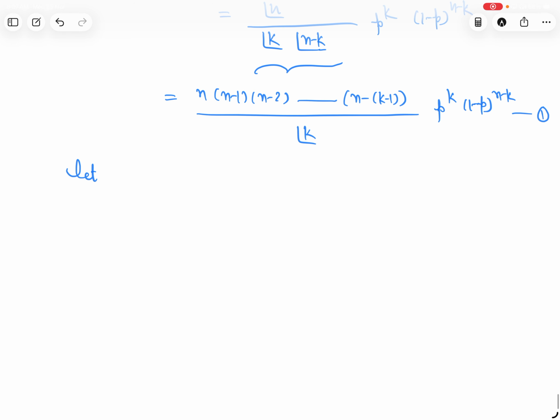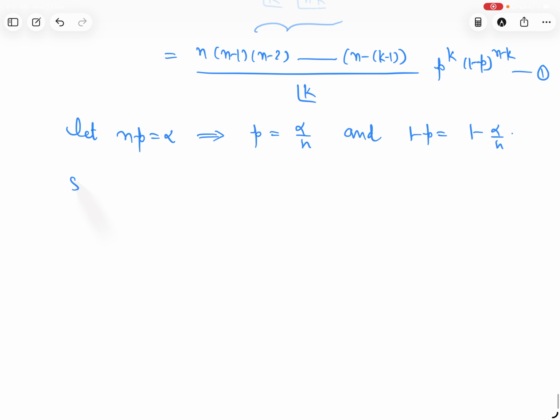Let np be equal to alpha. What does it mean? It means p is equal to alpha upon n. And what is 1 minus p? 1 minus p will be 1 minus alpha upon n. Substituting these values in 1, what do we get?